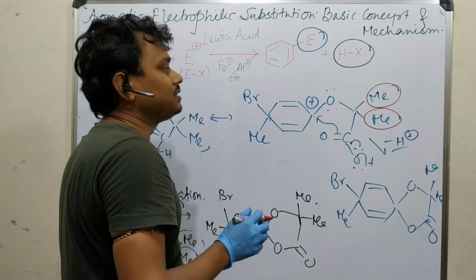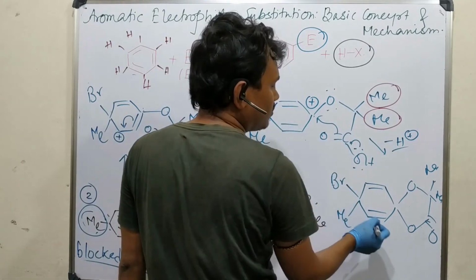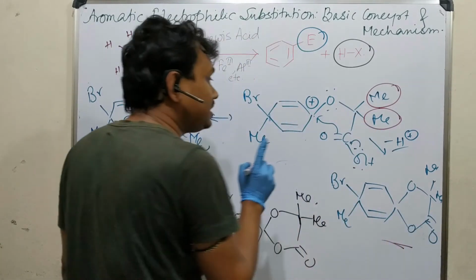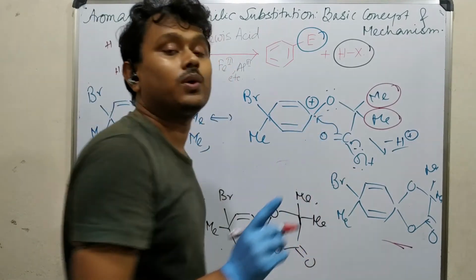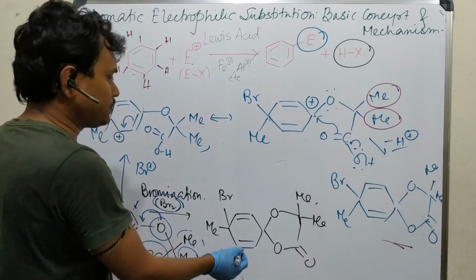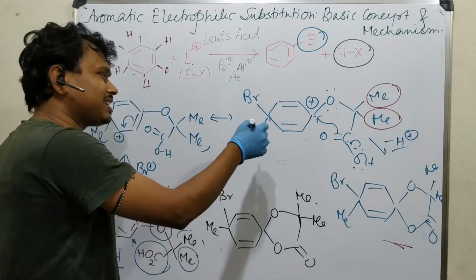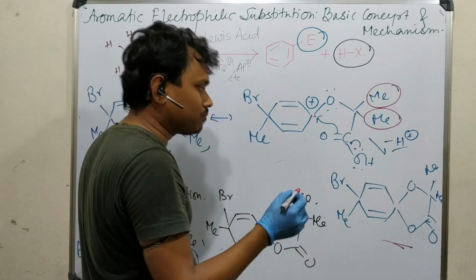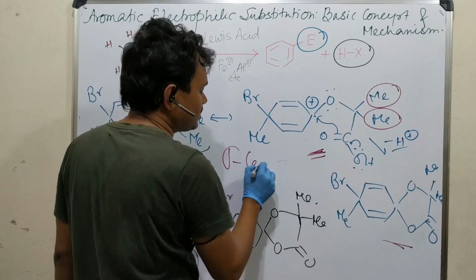This methyl affects the ring formation, that's why this attacks and forms the ring. In this way this reaction proceeds, and this proves clearly that the positive charge comes here, otherwise this will not attack. So this is an indirect proof, meaning indirectly, by formation of some other complex, this sigma complex is isolated.